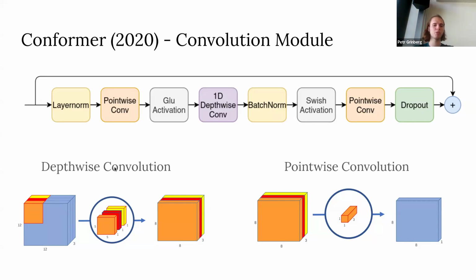The first one is called depth-wise. So as you remember, when you have input with several channels and we have one convolution, vanilla convolution will output one channel. So it will process the whole input with one filter and output one channel. One filter will output one channel.